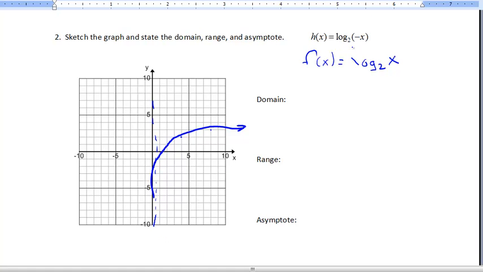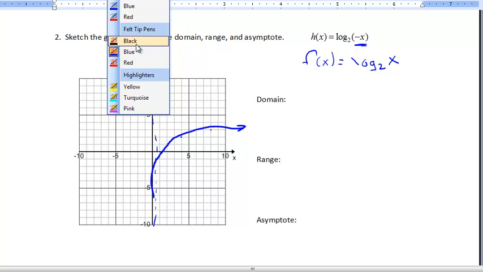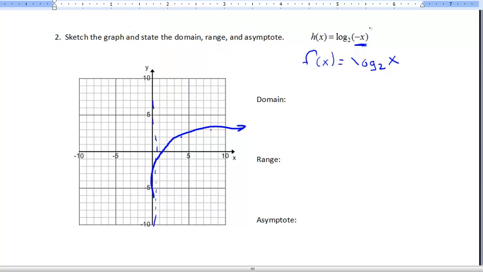Now when I look at this one, I realize that it is not the same graph. This is a reflection, and because it's inside, it reflects across the y-axis. So now my points are going to be at negative 1, 0, negative 2, 1, negative 4, 2, and negative 8, 3.